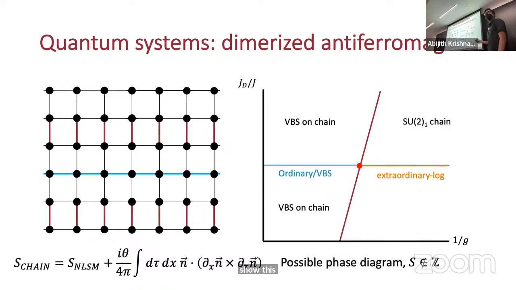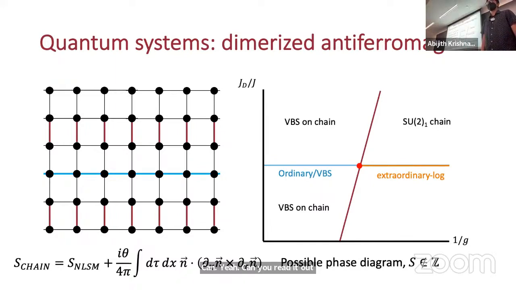So there's a question on the Zoom. Can you read it out? So you're asking about the quantum system with this line defect.